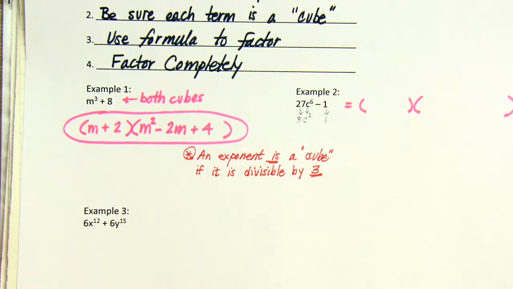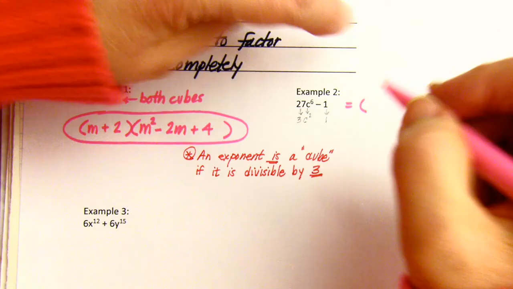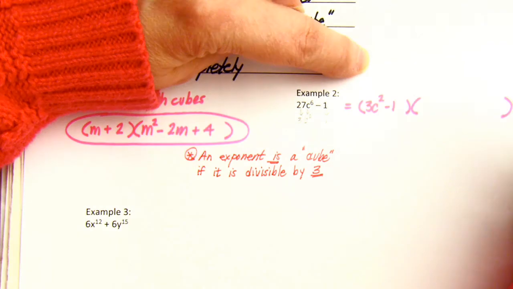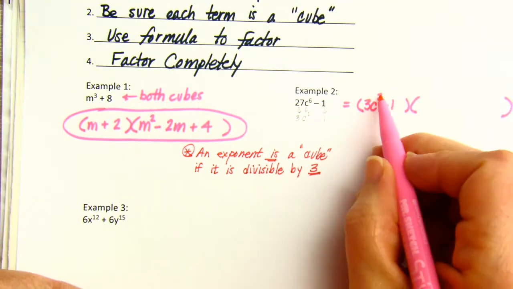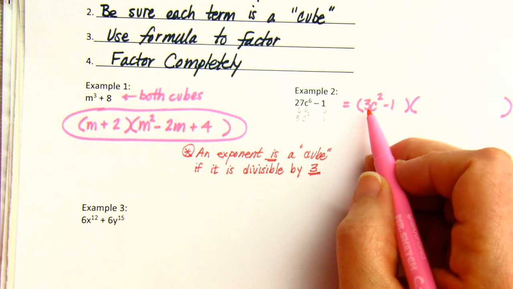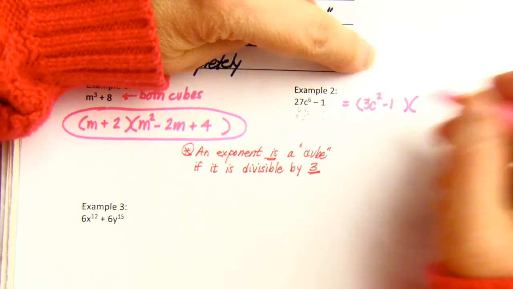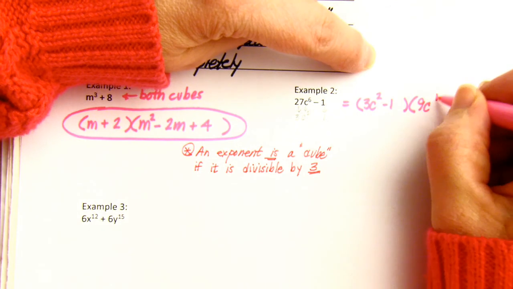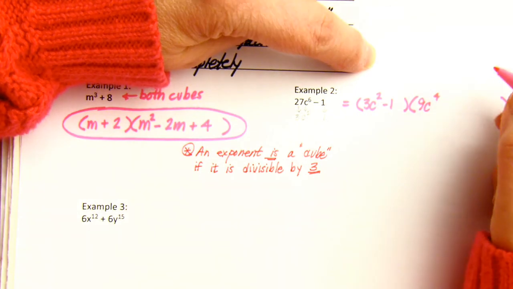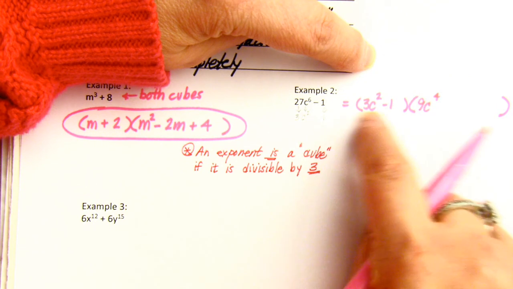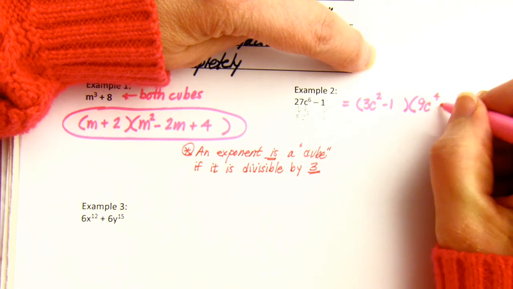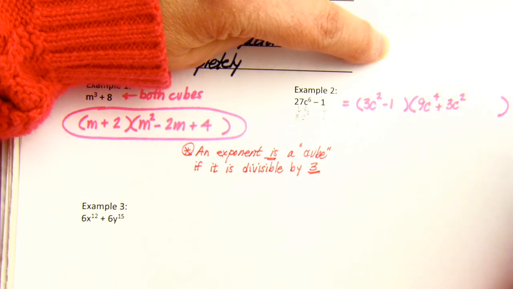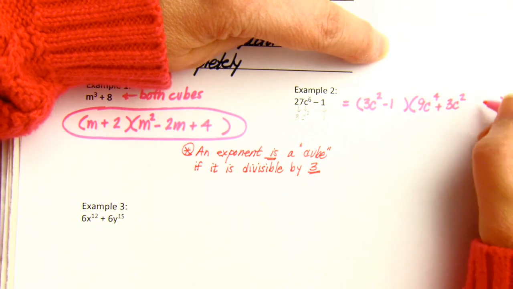So right there is my a and my b. 3c squared, subtract 1. Now you have to square this. This is a product raised to a power. 3 times 3 is 9. C squared times c squared is c to the power of 4. Now I'm going to multiply these two together and change the sign. It's plus 1 times this is simply 3c squared. And then when I square -1, I get a positive 1.